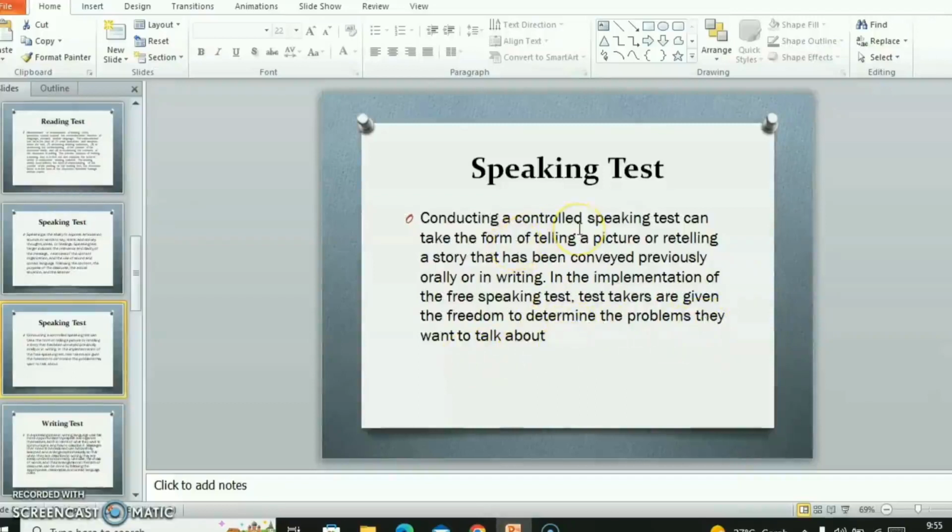So controlled means that we have already determined what our students have to deliver. But in the free form of speaking test, the students are free to choose their own topic to deliver.